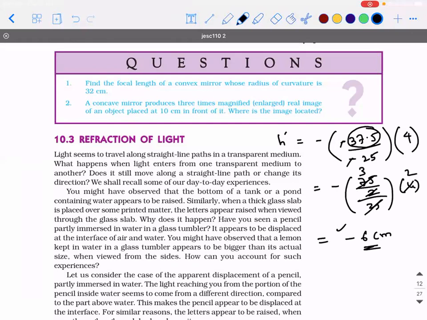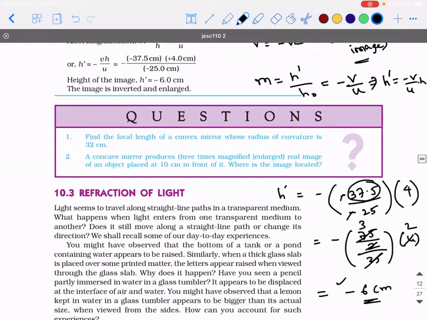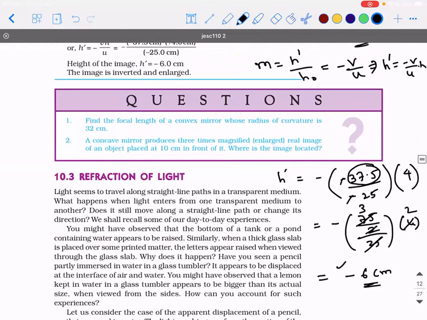So is the theory matching with this problem? Yes. I hope I'm clear. Shall we move on to the next problem?